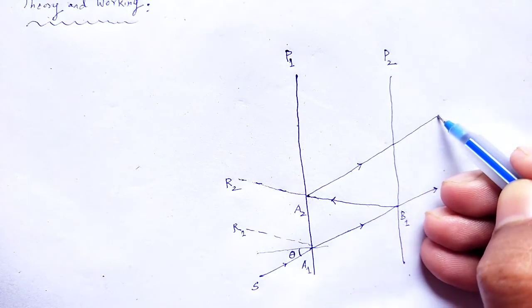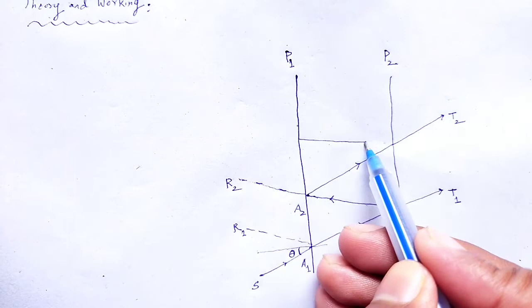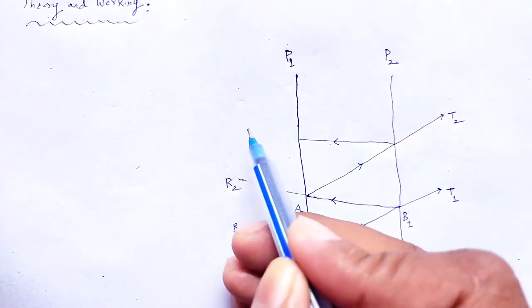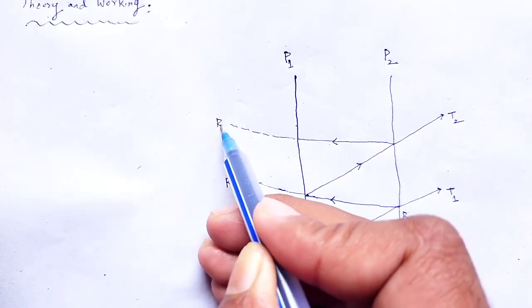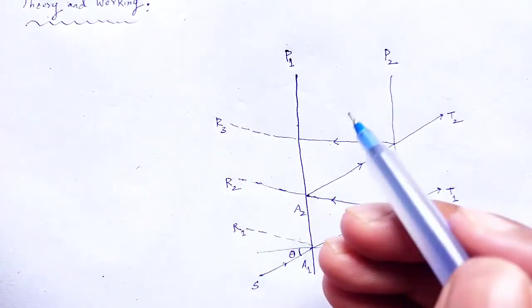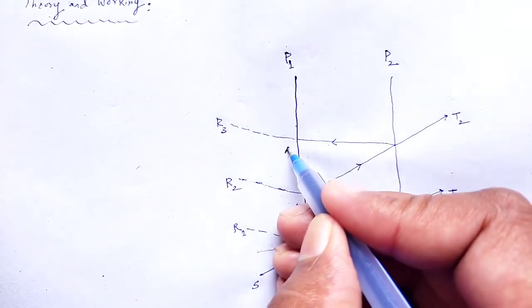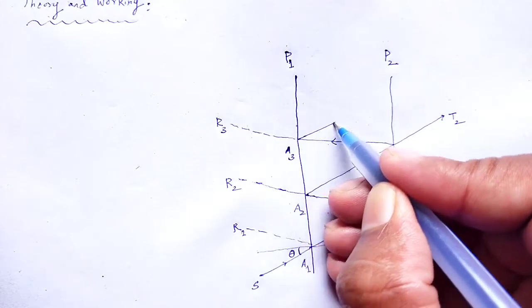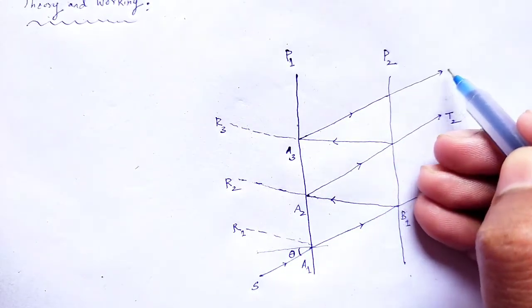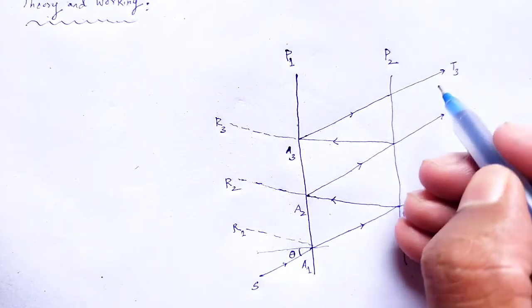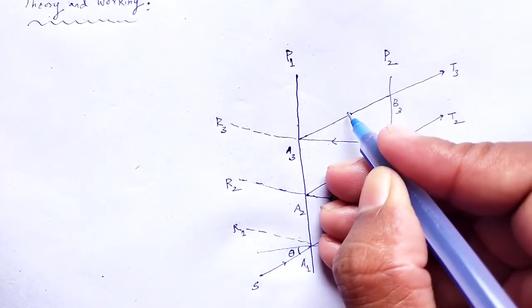Here transmission and reflection, giving points B2, B3.